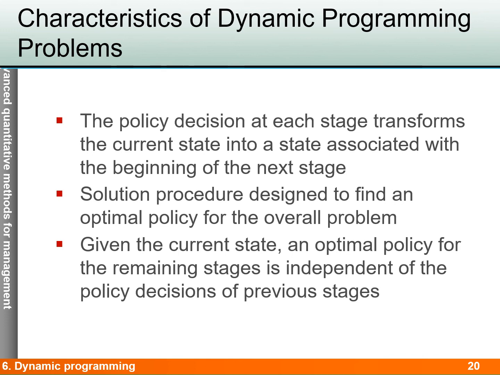Obviously, as we saw, it was the goal of this one. And given the current state, an optimal policy for the remaining stages is independent of the policy decisions of previous stages. Okay, so based on following the goal and objective of our example, we do that.